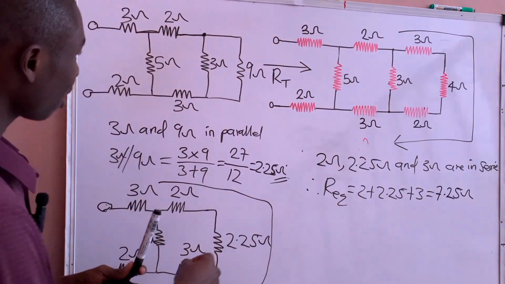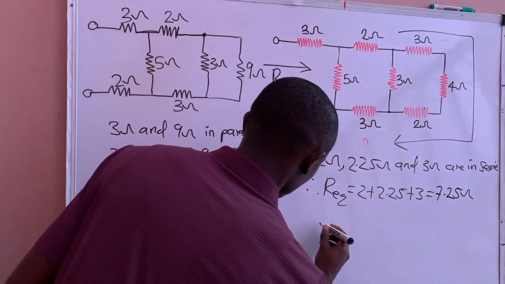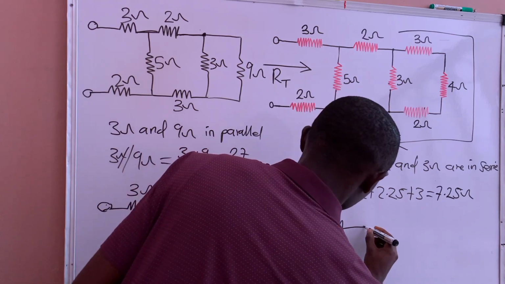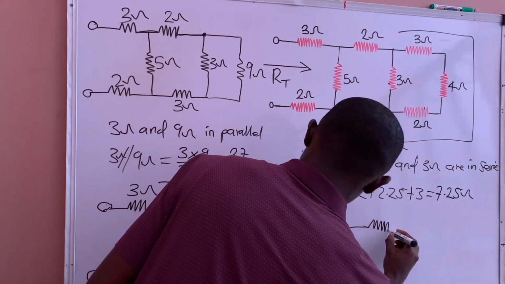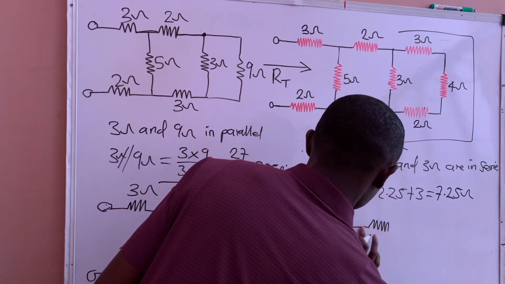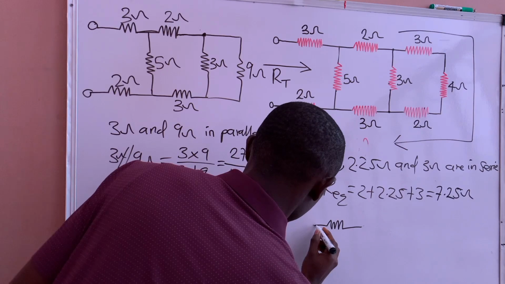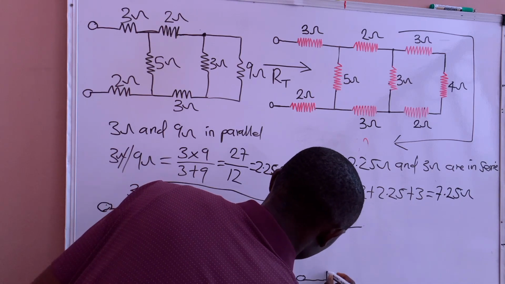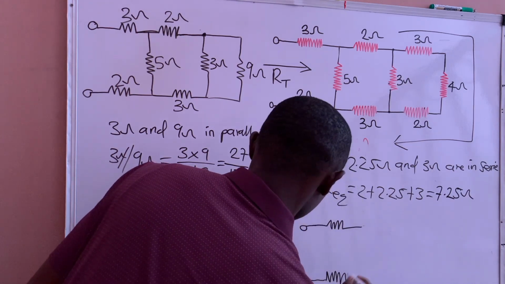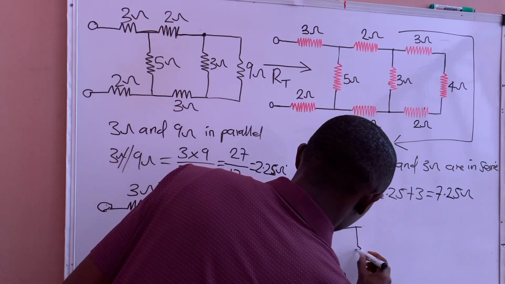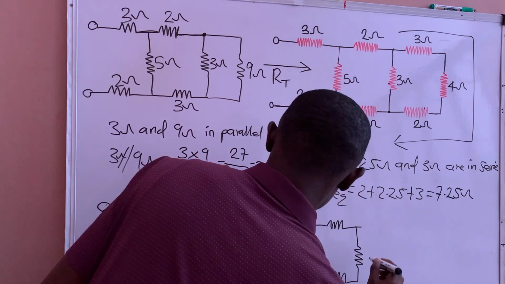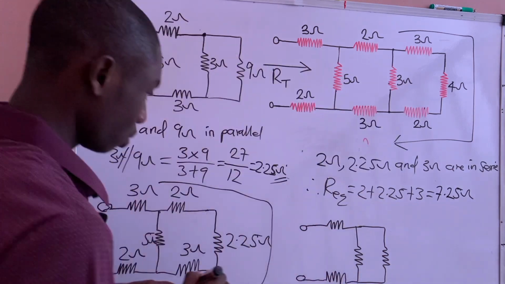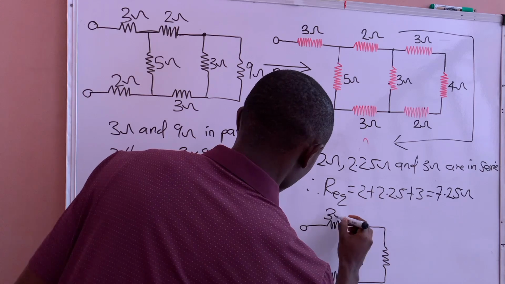So we have our third redrawing. Here is 3 ohms.